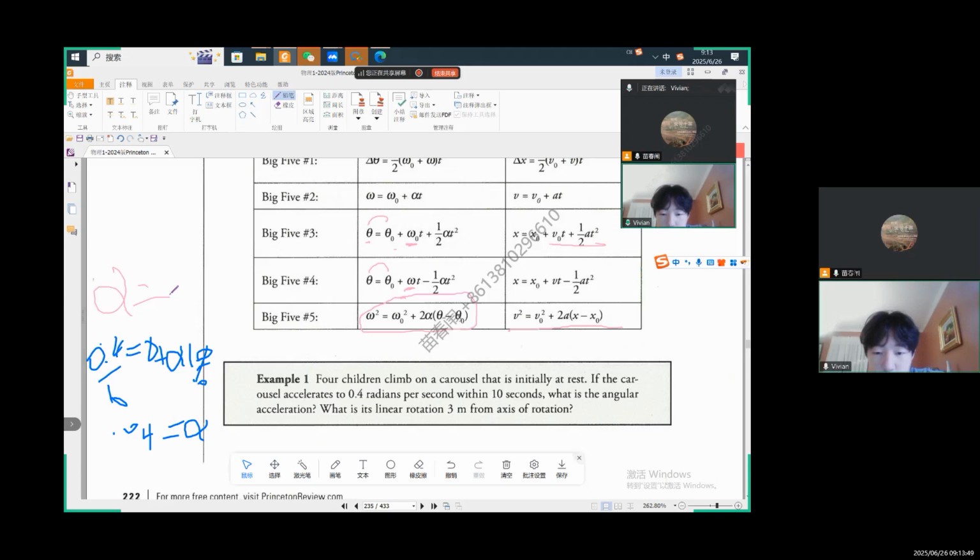What is the linear rotation? Is this asking for x? Linear, what is linear? It says linear rotation.